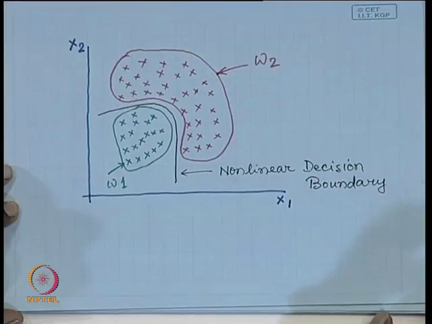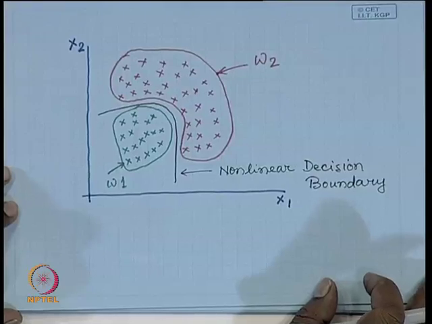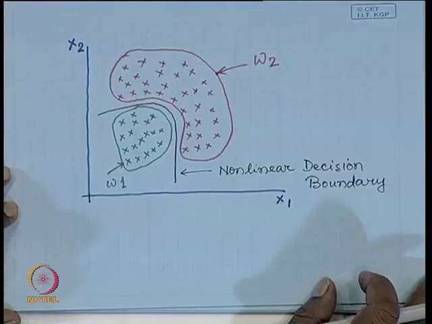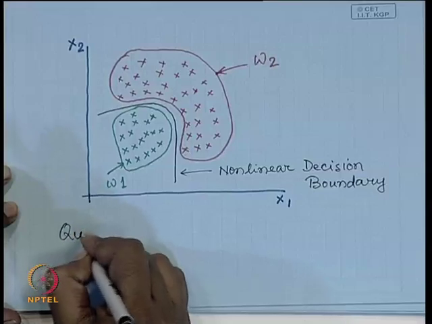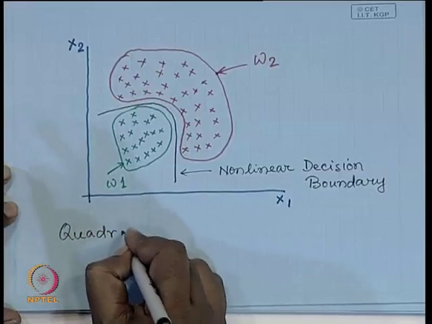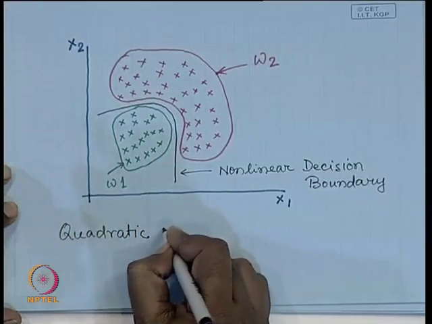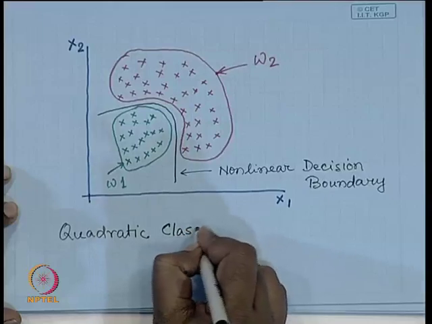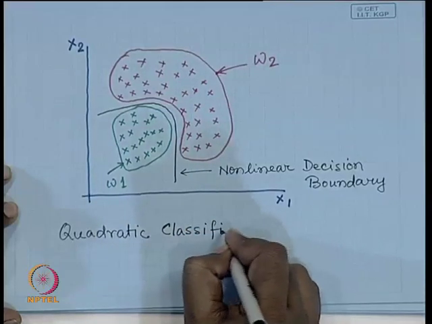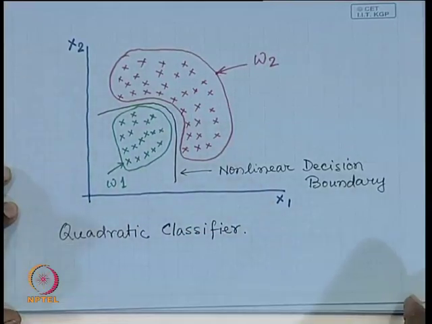Okay. So, among these nonlinear decision boundaries, the most popular and the most common one is a quadratic classifier. Okay.